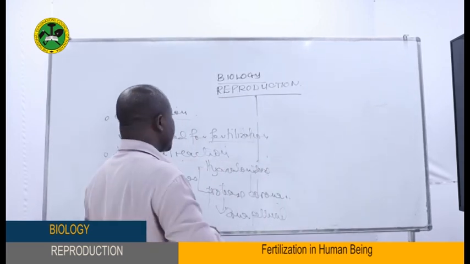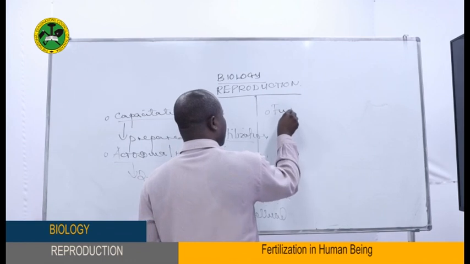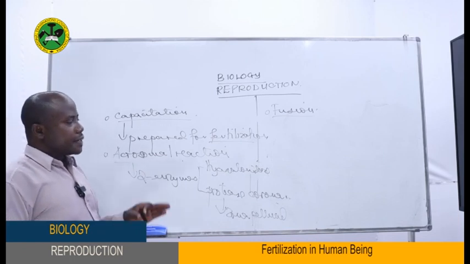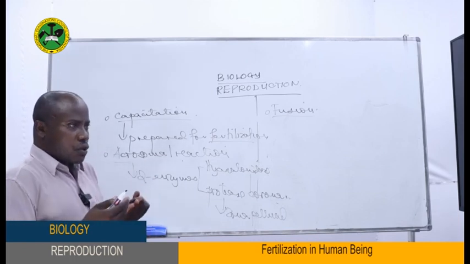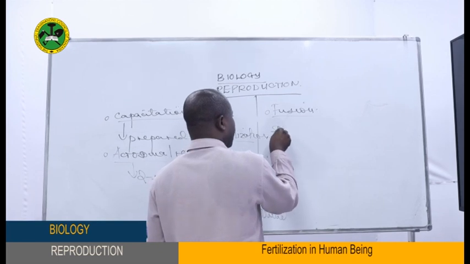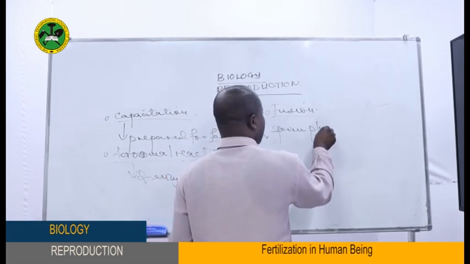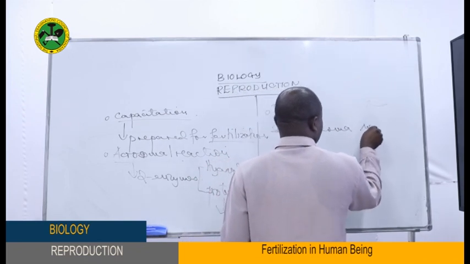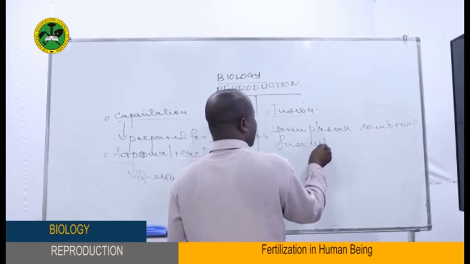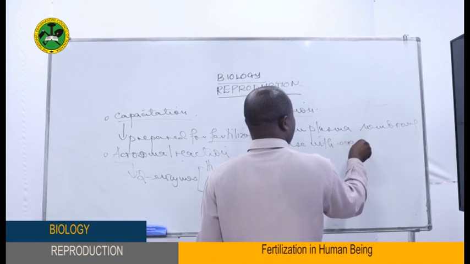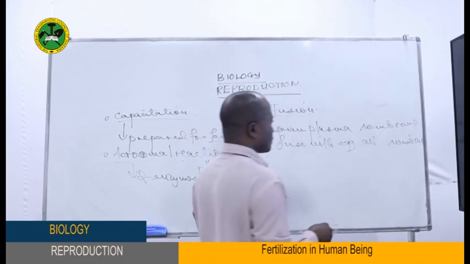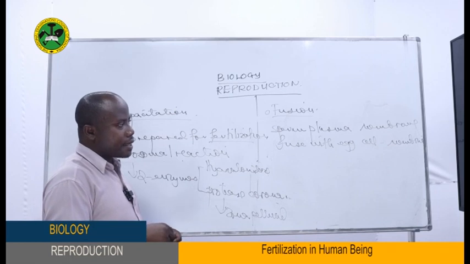So the next process is fusion. Here, the sperm plasma membrane fuses with the egg cell membrane.